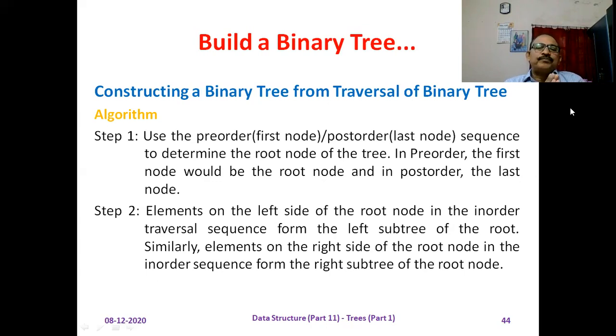Step two. First, we determine the root node of a tree. Next step, what will we do? Elements on the left side of the root node in the in-order traversal sequence form the left subtree of the root. Similarly, elements on the right side of the root node in the in-order sequence form the right subtree of the root node.